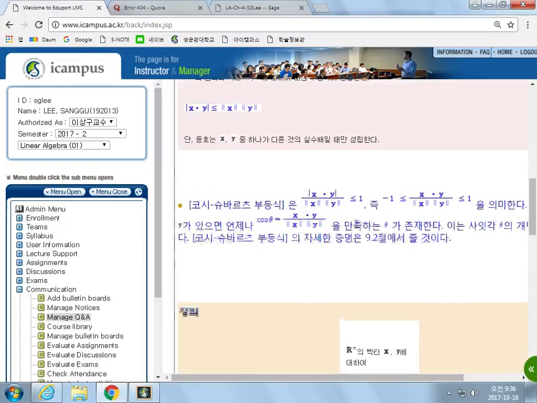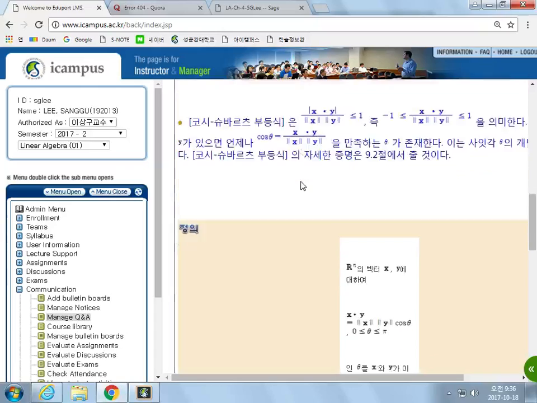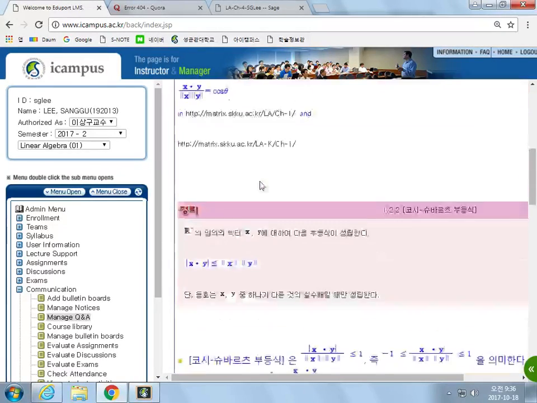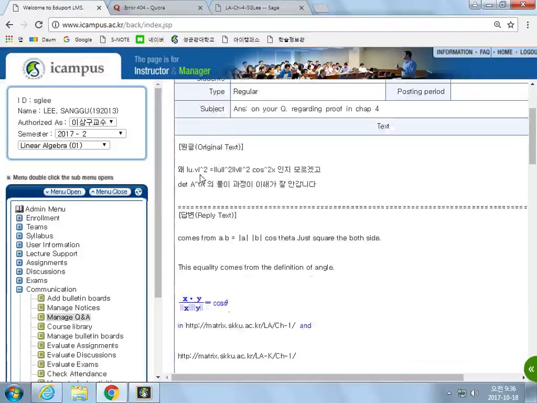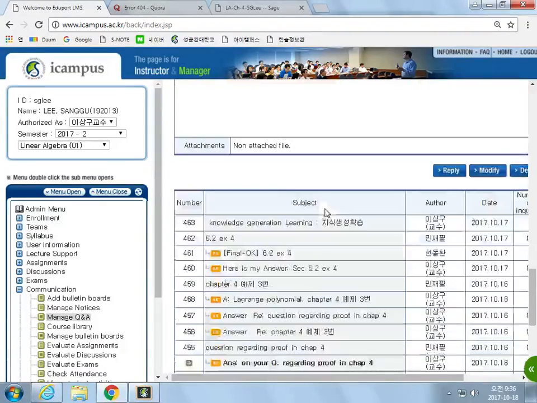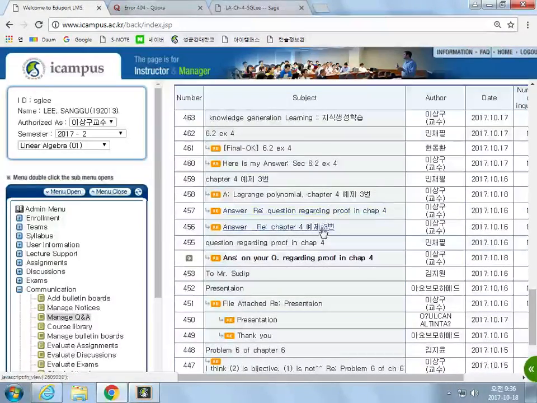With this relationship, if you just square both sides, then you will have this, the square of that formula on the angle.